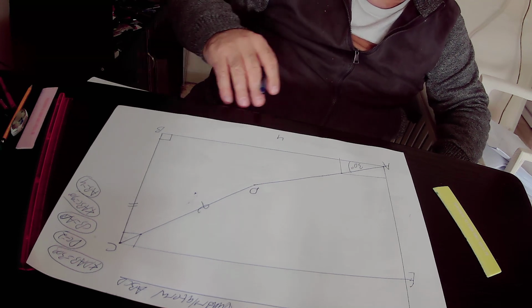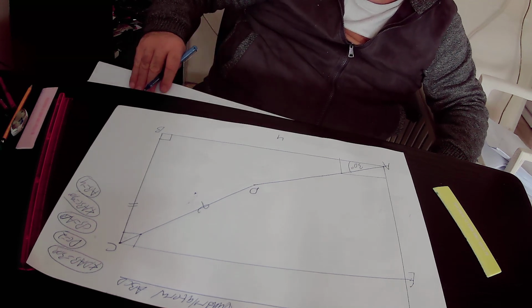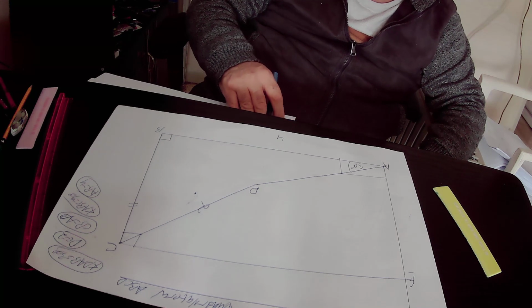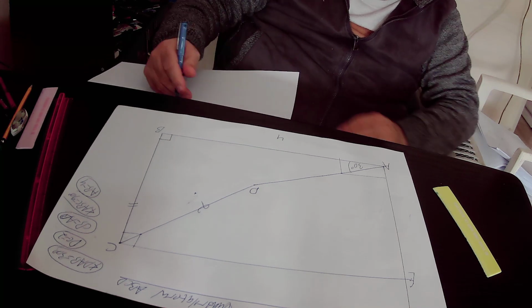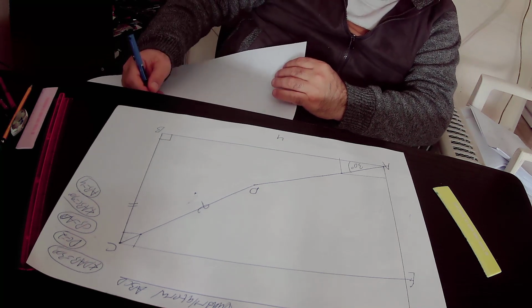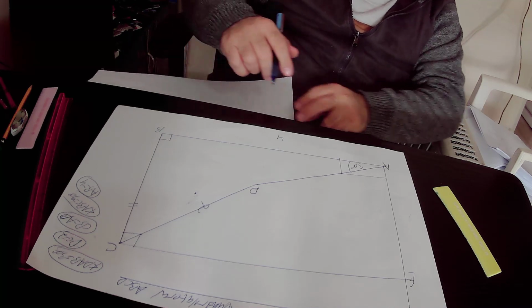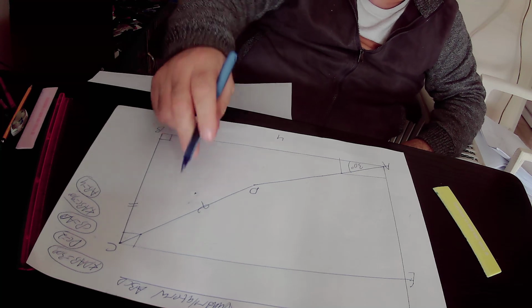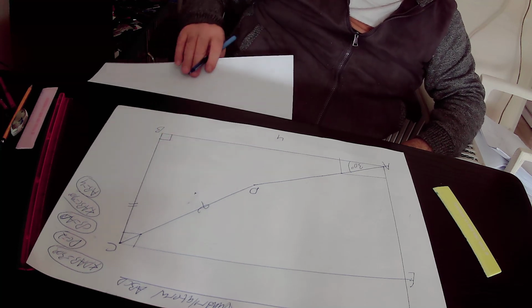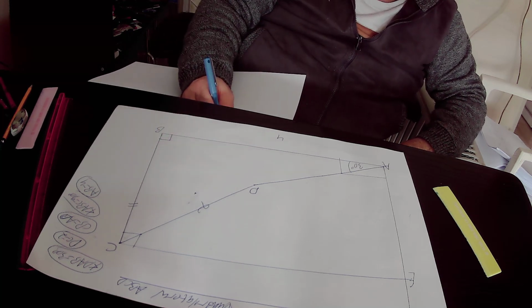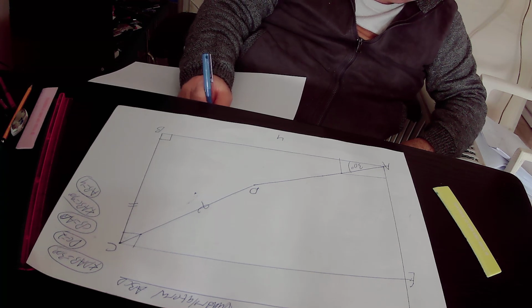In this quadrilateral ABCE, as you can see from the drawing, we have three right angles, 1, 2, 3. The sum of three right angles is 90 times 3, which is 270 degrees.